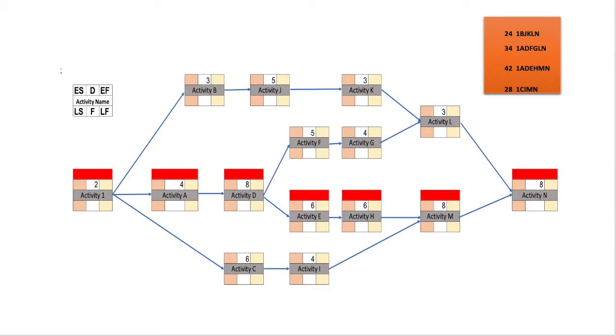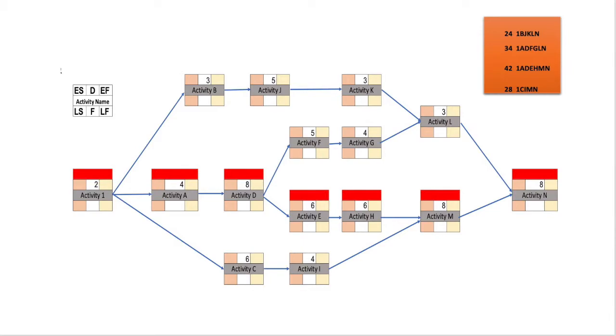So the first path has a duration of 24 days. Second path 1, A, D, F, G, L, N: we have 2, 4, 8, 5, 4, 3 and 8. So the total duration required to complete this path is 34 days.